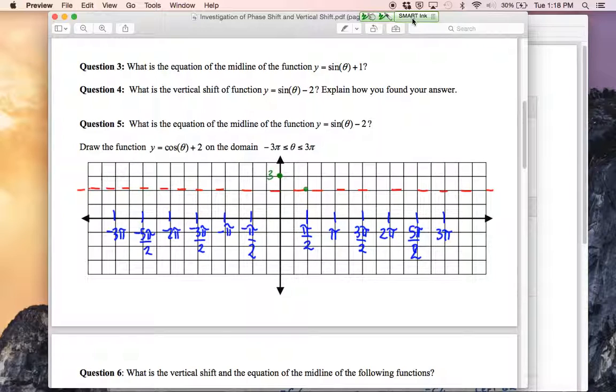And then it's going to go down, up, to 4, down to the axis below. So it's going to look something like this. Okay, notice it's oscillating around that line. It still has an amplitude of 1 because from the midline, it's a distance of 1 to the top and a distance of 1 to the bottom.